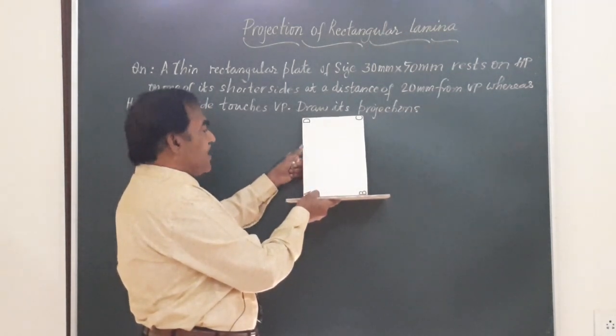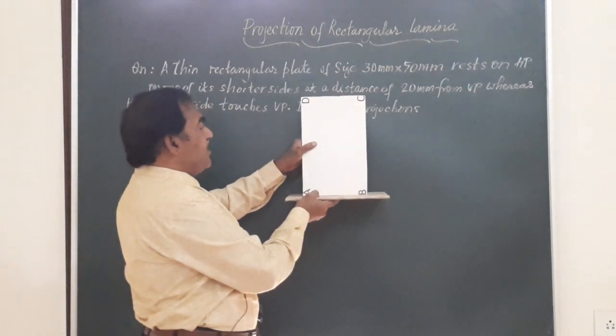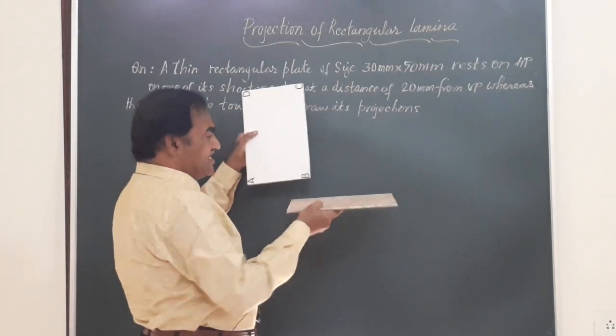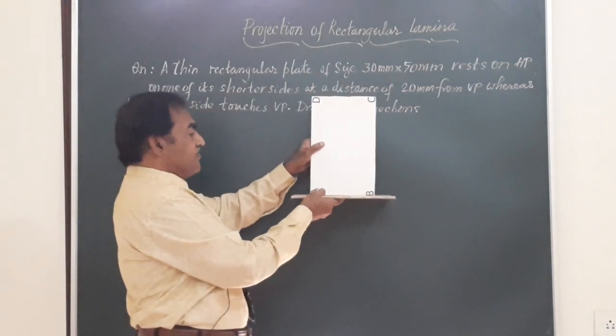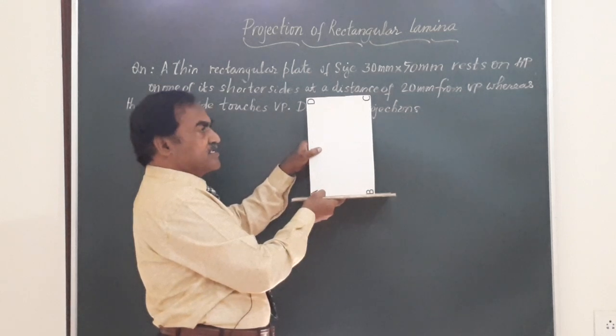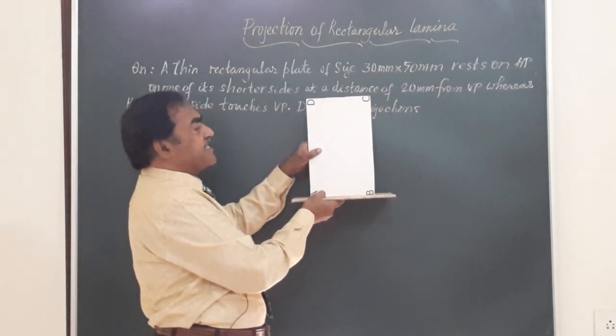Friends, to start with, let us keep this lamina parallel to VP and on HP. This plate is at a distance of 20 millimeter from the wall or VP. In this position, if you observe, the front view is a rectangle of size 30 mm into 50 mm.